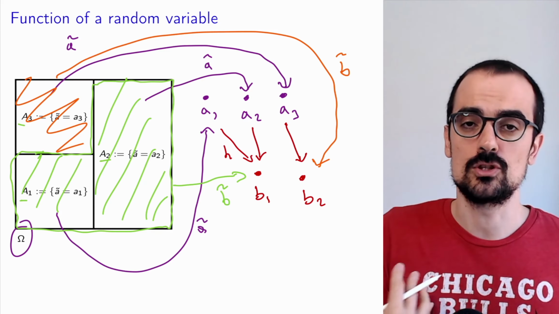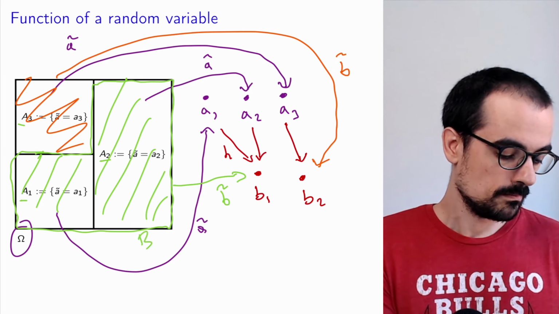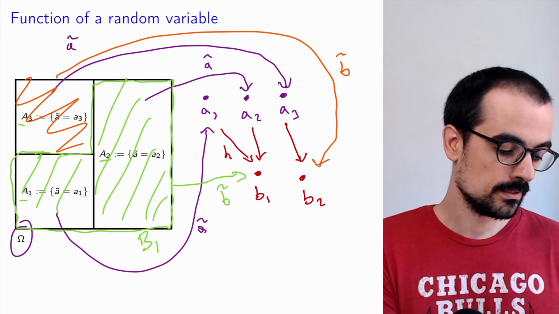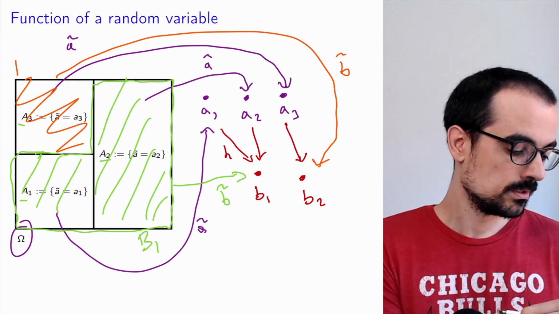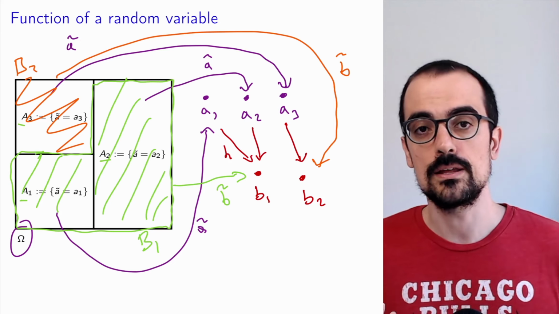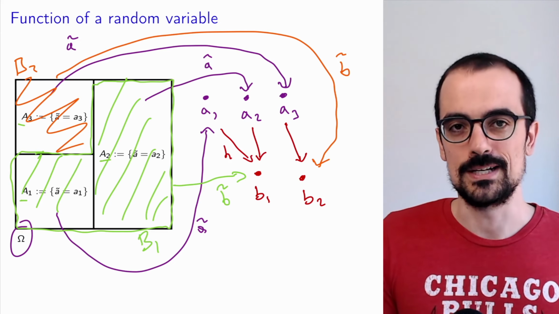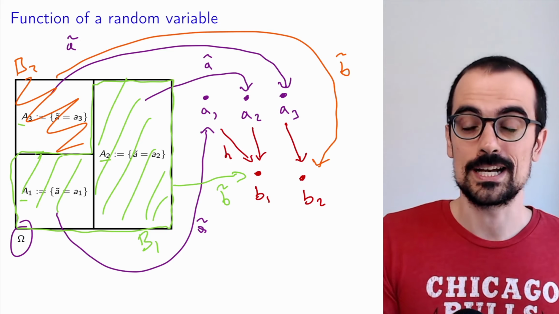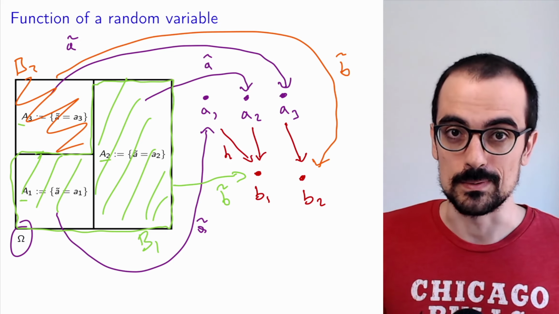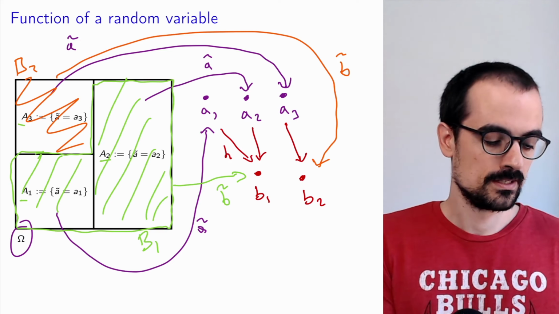So this means that these new sets, we can call this set B1 and this other set B2, are going to be unions of the original sets A1, A2, A3. So in particular, by the rules of probability spaces, they have to be in the collection and they have to be assigned a probability. So we're good. This is going to be a valid random variable.